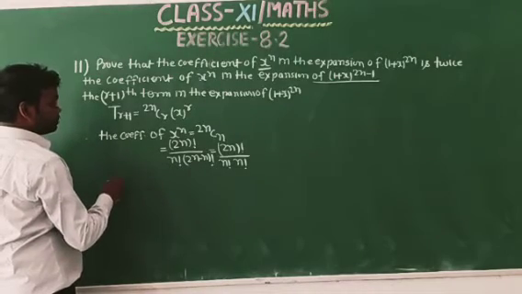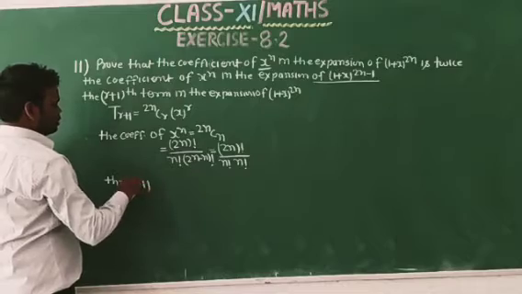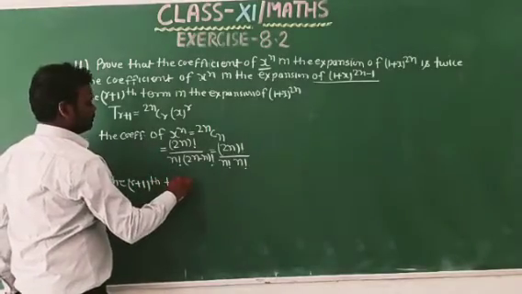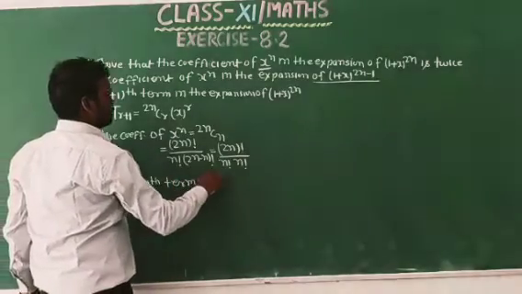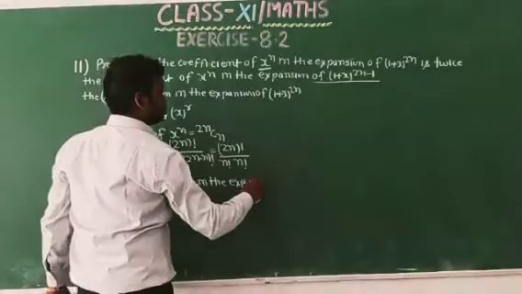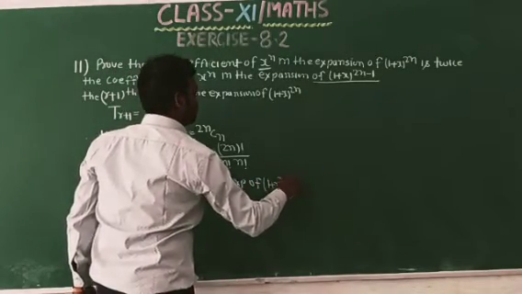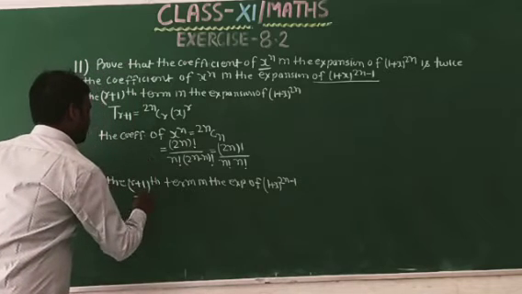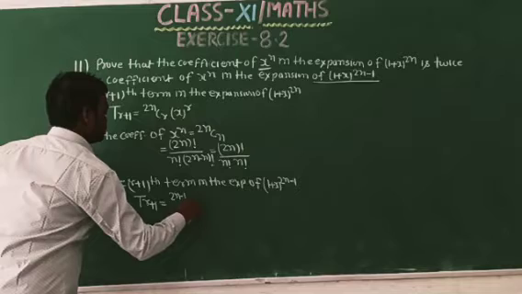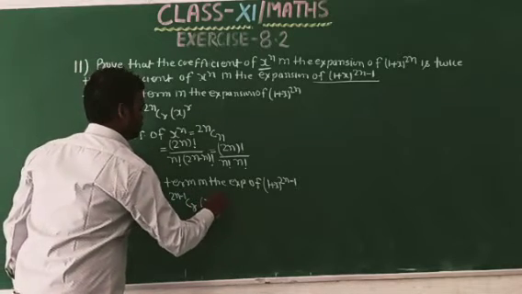Similarly, the r plus 1th term in the expansion of (1 plus x) to the power 2n minus 1 is given by T r plus 1 equal to 2n minus 1 C r x to the power r.